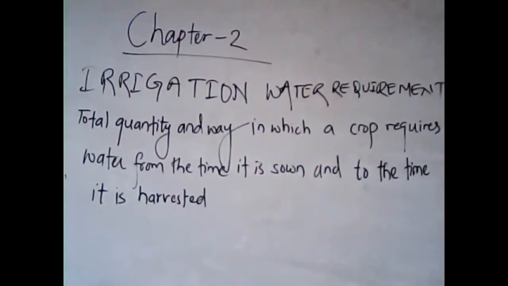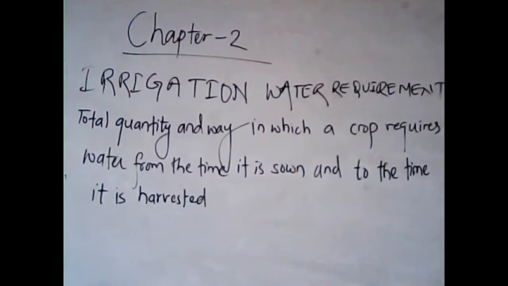Furthermore, we can numerically determine various features like permanent wilting point, temporary wilting point, the field capacity, and the relation between field capacity and depth of the irrigating water. So this is what is dealt with in irrigation water requirement.